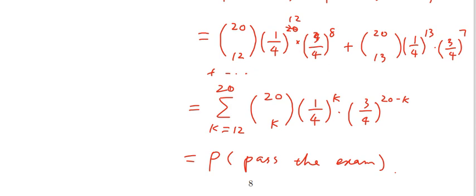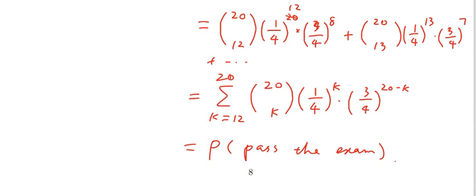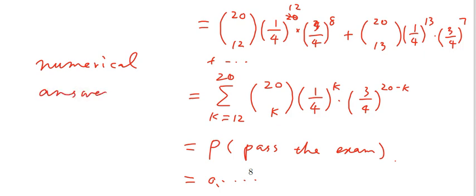So anyway, we prefer to find this probability as a numerical answer, equal to something like 0 point something. So the question is, how can we do that?